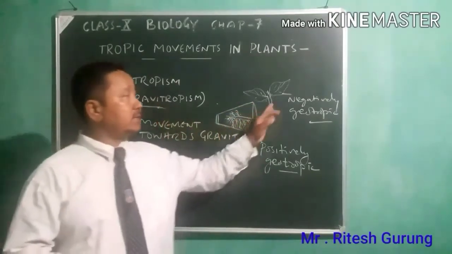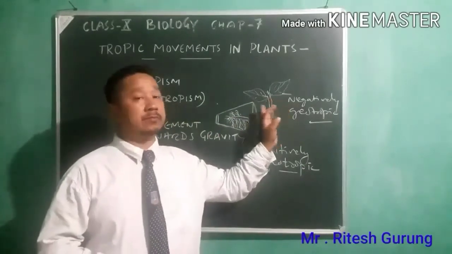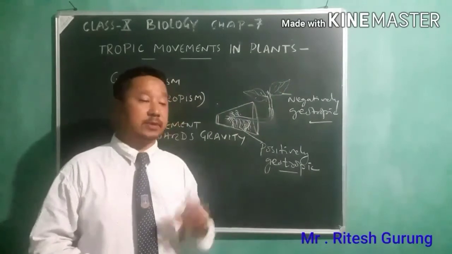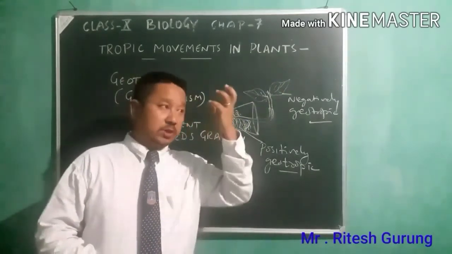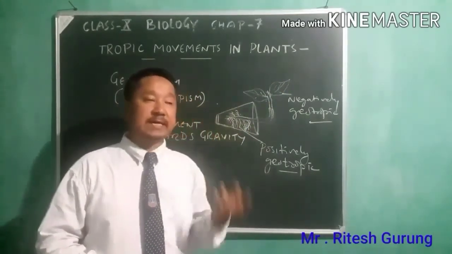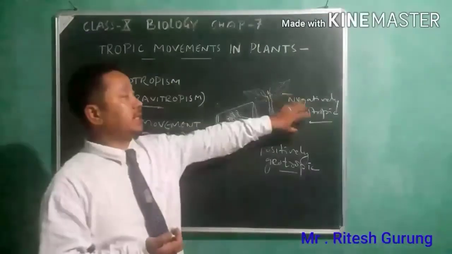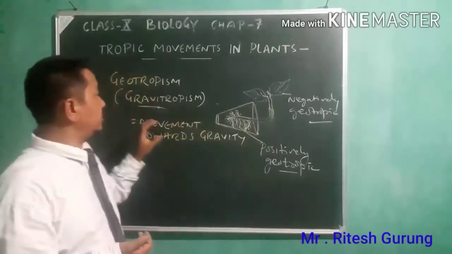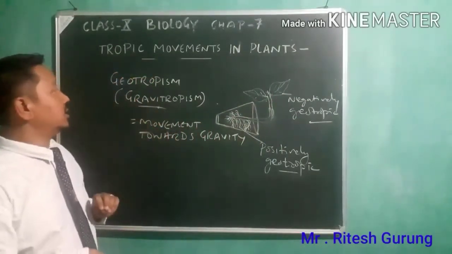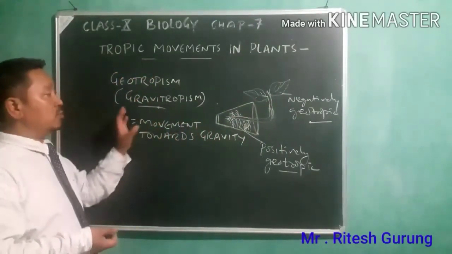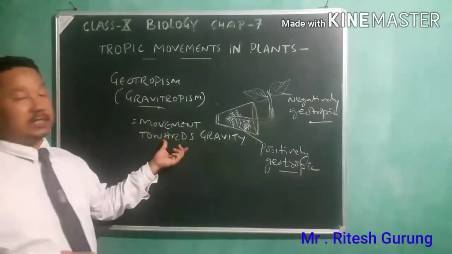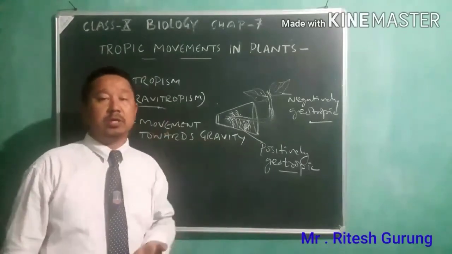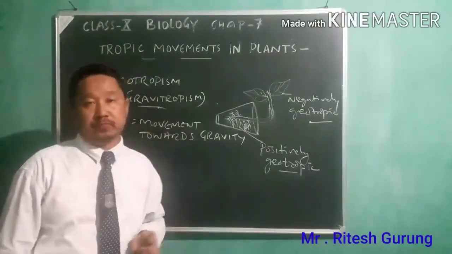Whereas the other region, the shoot system, has to go to the source of light, because it has to entrap maximum sunlight, so it is negatively geotropic in this particular case. Okay, so this is your geotropism, the movement towards gravity or towards the earth or the soil. That is called your geotropism.